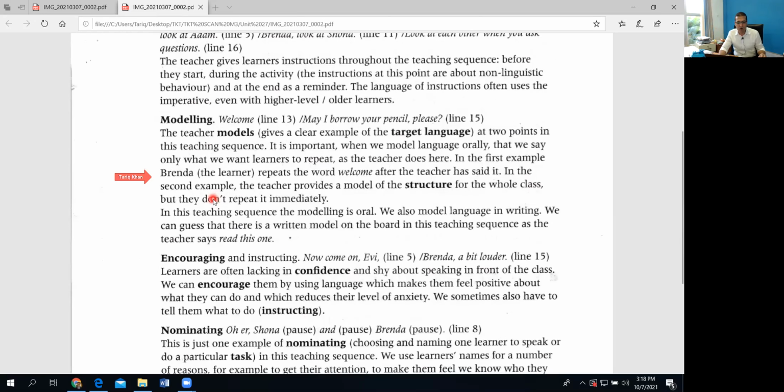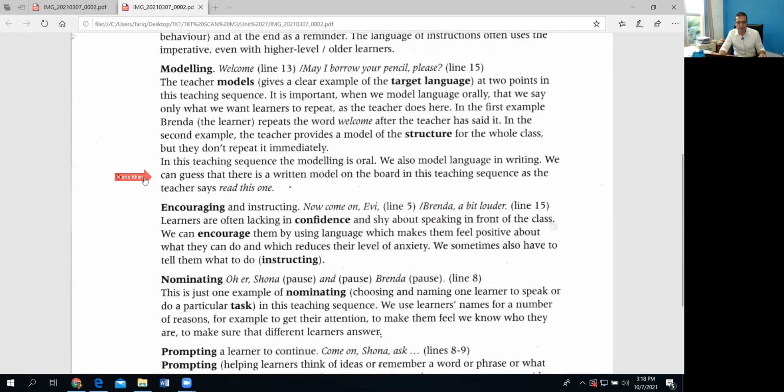Next one is modeling. Modeling, welcome, line 13. May I borrow your pencil, please? Line 15. The teacher models, meaning gives a clear example of the target language, at two points in this teaching sequence.